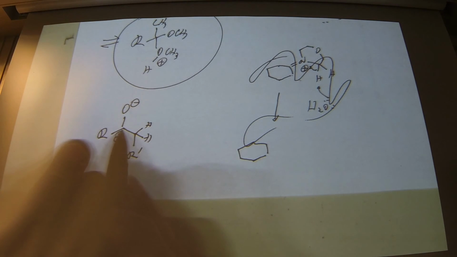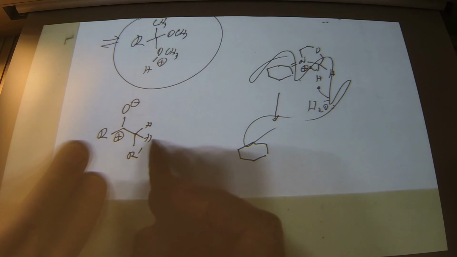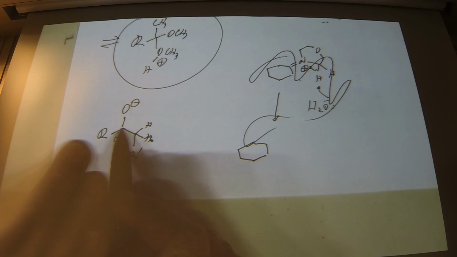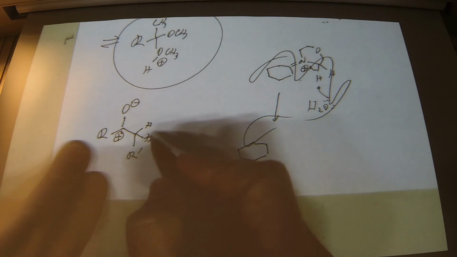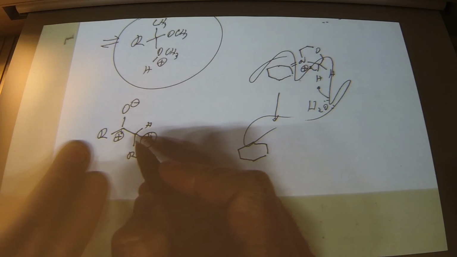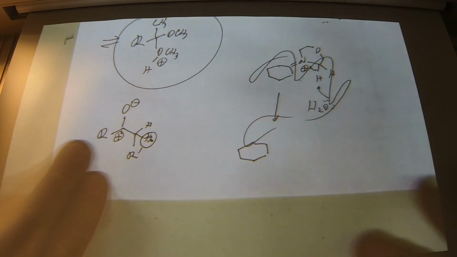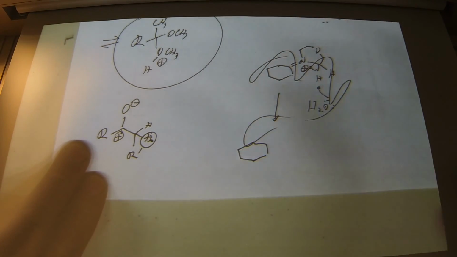Because this carbon atom has a partial positive charge, these hydrogens are much more acidic than you would have anticipated, right? So in the absence of a positive charge here, these are not going to be acidic at all. Because you have a positive charge here, these are acidic protons and can be lost. So once you lose one of those protons, you end up either with an enolate or an enol.